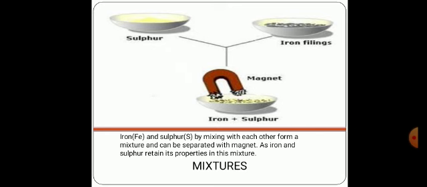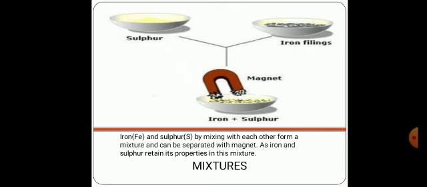Now we want to separate these two constituents, the two parts of the mixture. So we use a magnet. Iron and sulfur mixed with each other can be separated with a magnet, as iron and sulfur retain their original properties.